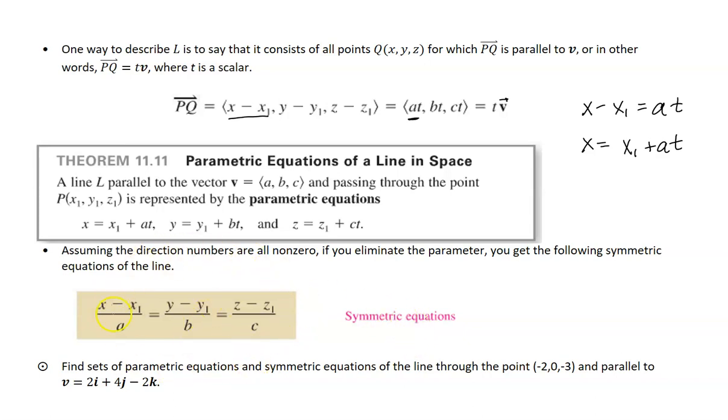And this is going to be more familiar from what we're used to with the point-slope form in 2-space. It just doesn't have the z attached to it. So again, this only works if a, b, and c are all not equal to 0, because if one of them was, then you would have an undefined term there.